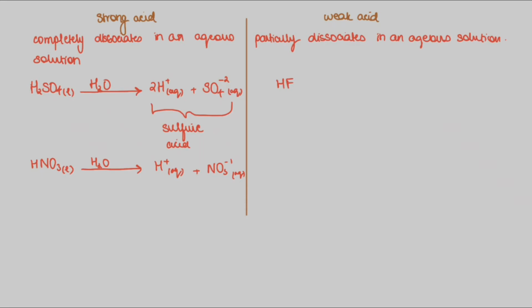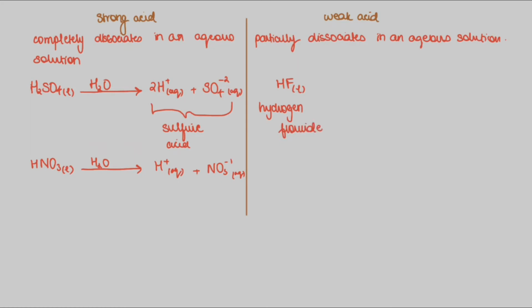Now let's clear up a few things, right? Just right away. When HF is in its RTP state or its standard state, for example, HF in this case is liquid, I call it hydrogen fluoride. Alright, so this is hydrogen fluoride.